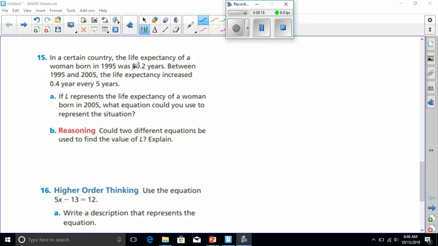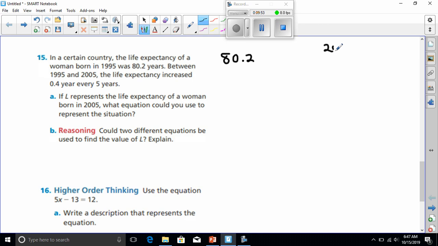It says, first of all, in 1995, the life expectancy of a woman born was 80.2. I know that, well, I don't need to put it, it already says it there. Life expectancy of a woman in 1995. Now it says the life expectancy increased 0.4 every 5 years from 1995 to 2005.